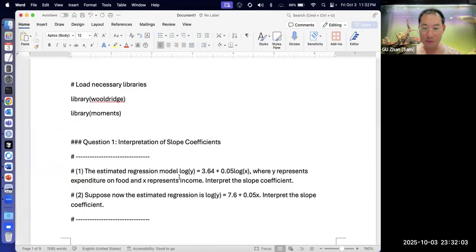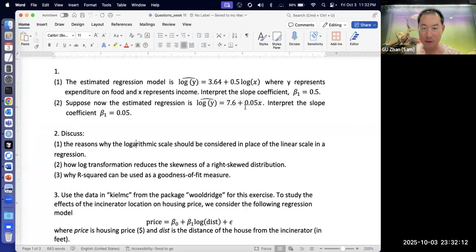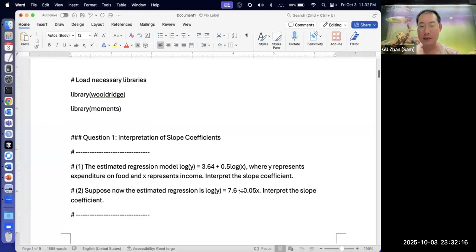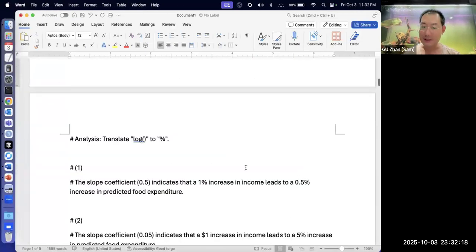The estimated model is 3.64 plus 0.5, next is 7.6, 0.05. Okay, right. You're right, so it should be 0.5% directly.